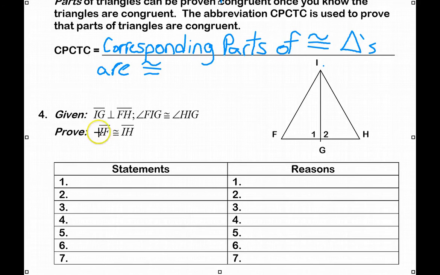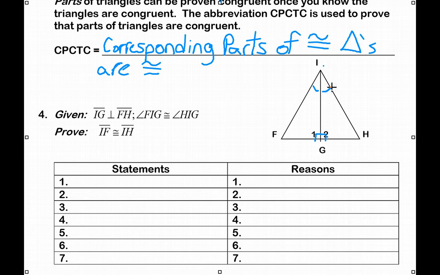All right, let's go ahead and mark our givens. We got IG is perpendicular to FH. So they're just trying to tell us that we're dealing with right triangles here. They also say angle FIG is congruent to HIG, so let's mark that. This one congruent to that one.